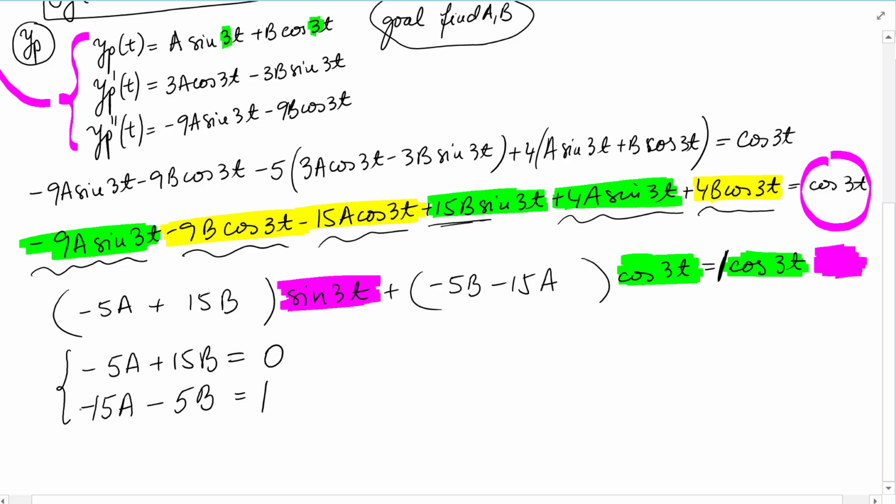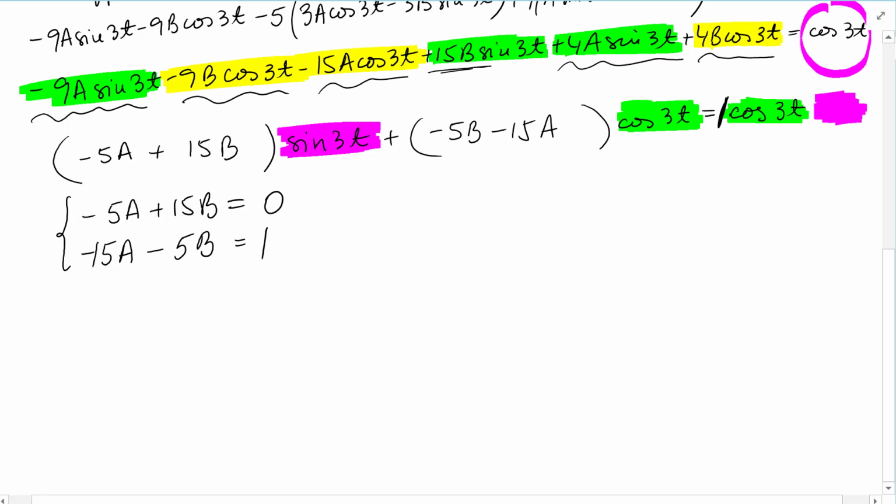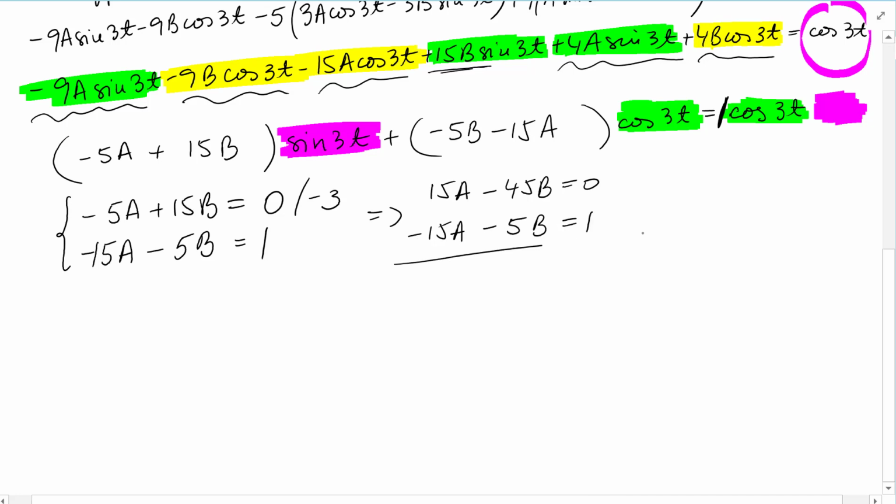So I ended up with a system of equations in two variables. I'm going to multiply the first equation by negative 3, so I get 15A minus 45B equals 0, and negative 15A minus 5B equals 1. If we add them up, we get negative 50B equals 1, which means B equals negative 1 over 50.